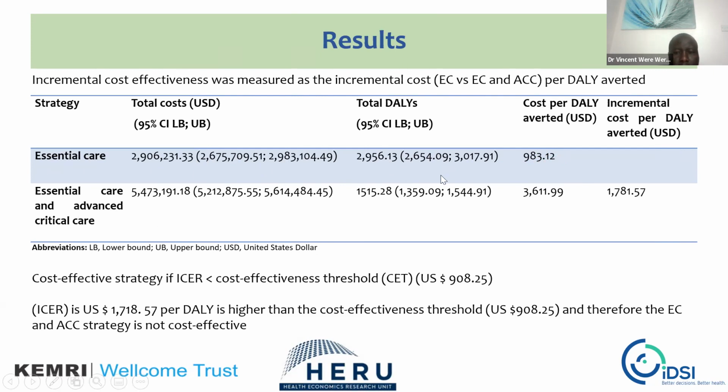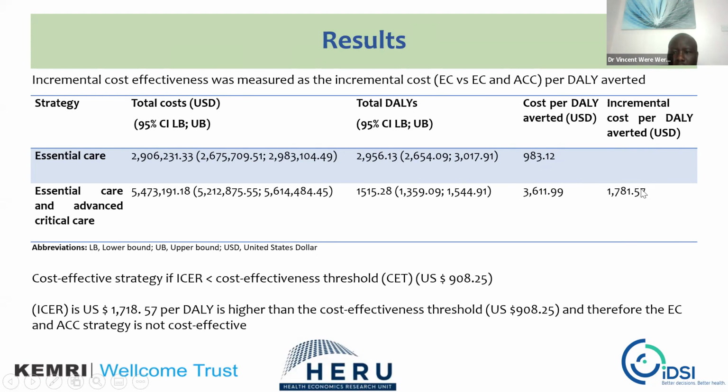And if you provide ICU care, you need $3,600 to avert one DALY. The net effect is that you need $1,781 a patient per DALY averted. So the question is, does the government have resources?